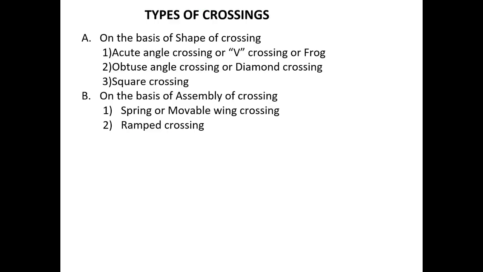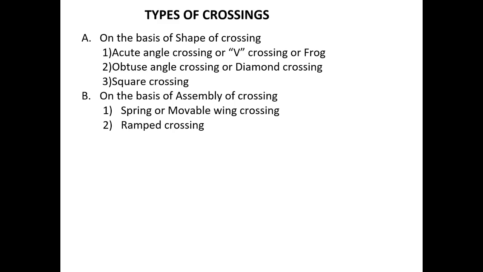The crossings are of two types. They can be classified on the basis of the shape of the crossing. Depending upon what type of shape the crossing has, it is distinguished into three types.